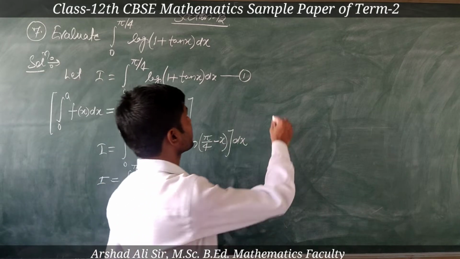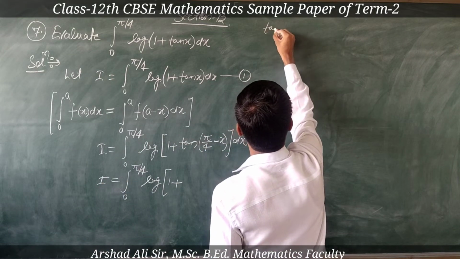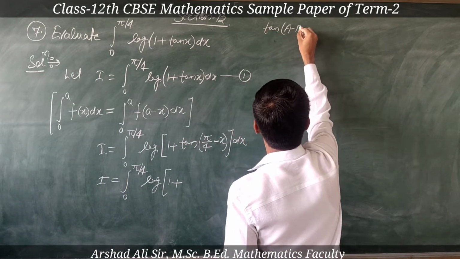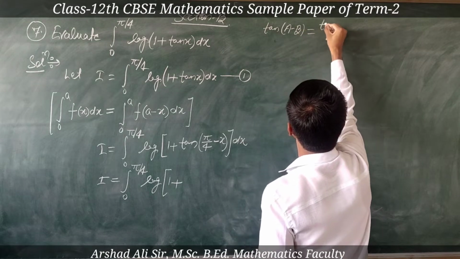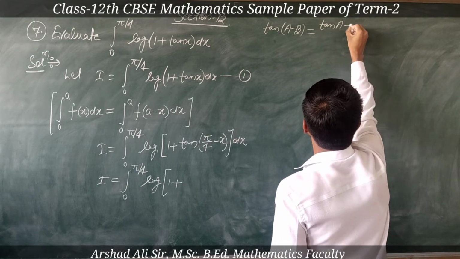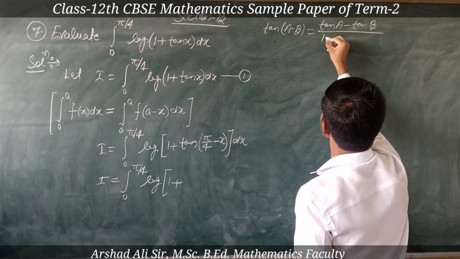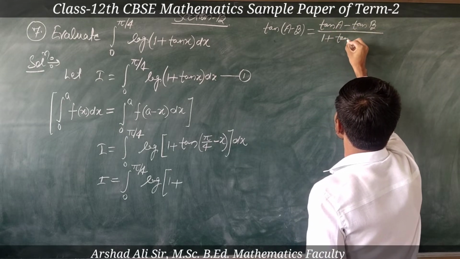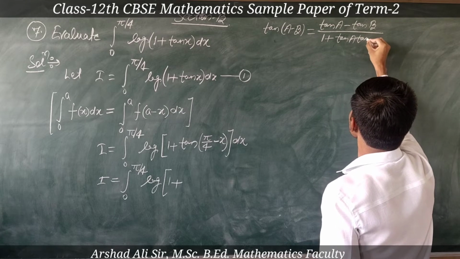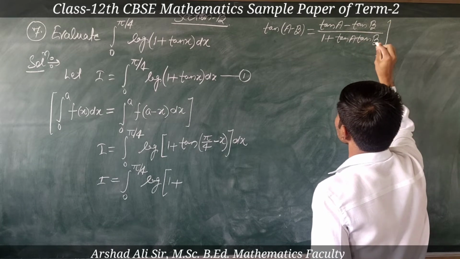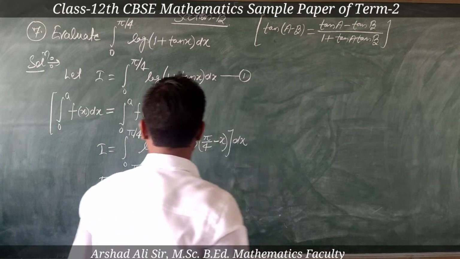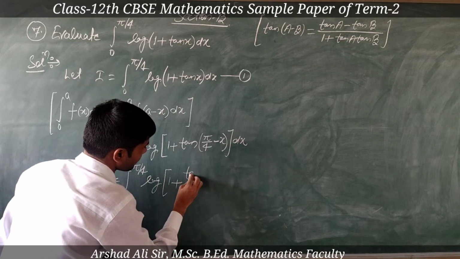What is the formula of tan a minus b? Here we can write tan a minus b is equal to tan a minus tan b upon 1 plus tan a into tan b.